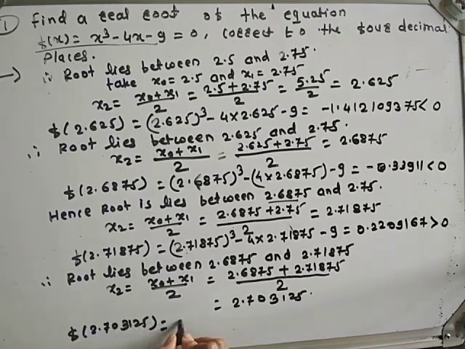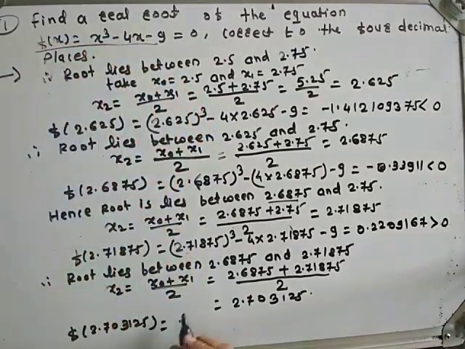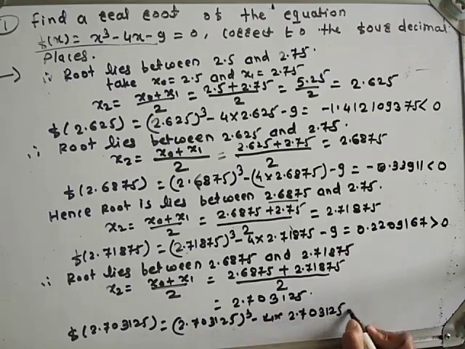2.70312, which is equal to, what is f of x? f of x is x cube minus 4x minus 9. Therefore, 2.70312 cube minus 4 into 2.70312 minus 9.